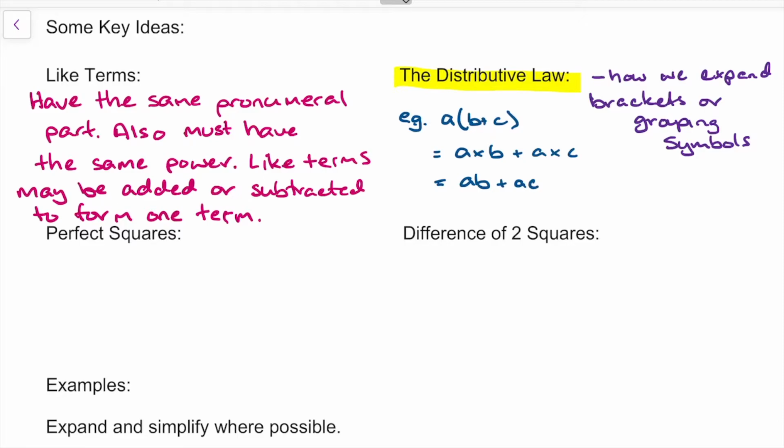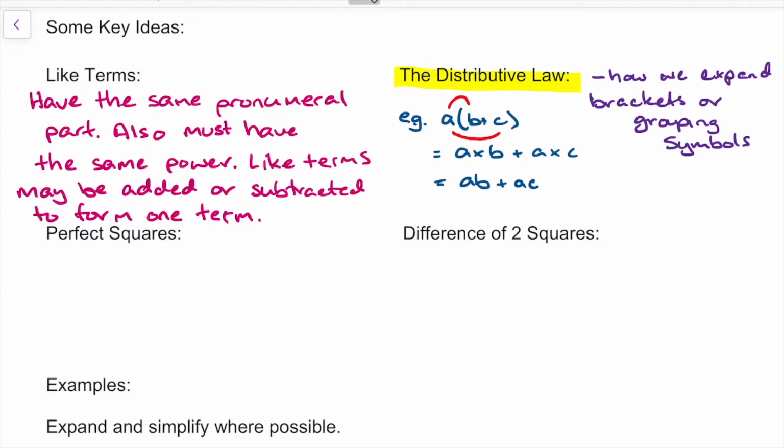Now, going back to our like terms, just remember that's where we have to stop, because just because both of those terms have an A in them, they're not actually like terms, because one has a B and one has a C. Okay? So what we're doing is we're multiplying this way and we're multiplying that way. Really important that we remember that one.